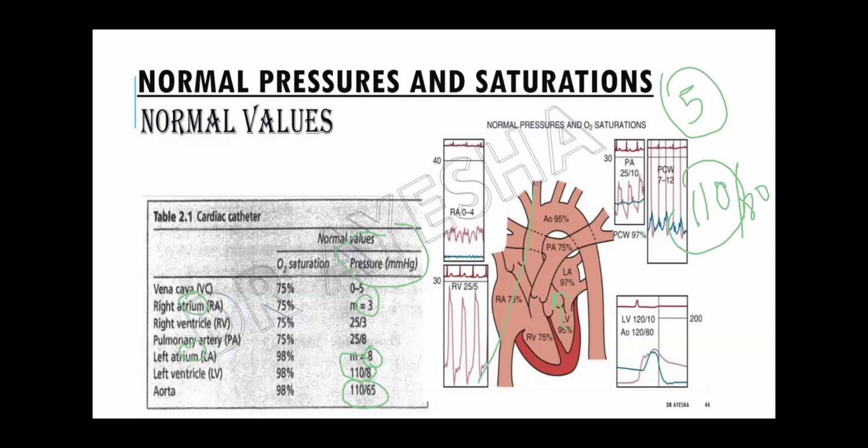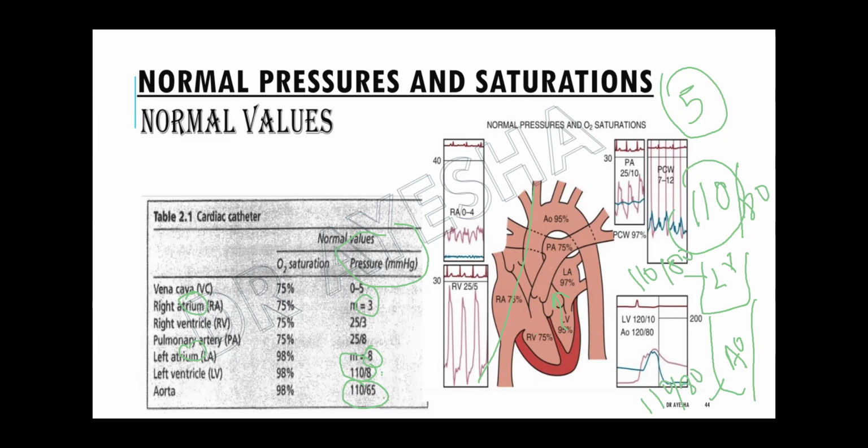So you have to see both the chambers. This is very important. Whenever there is an obstruction in between, for example, this is the left ventricle and this is the aorta, what you expect normally is that in the left ventricle it is 110 by 80, and in the aorta it should also be 110 by 80.